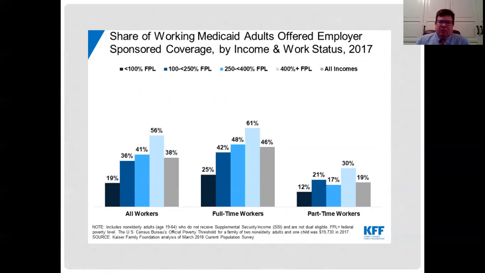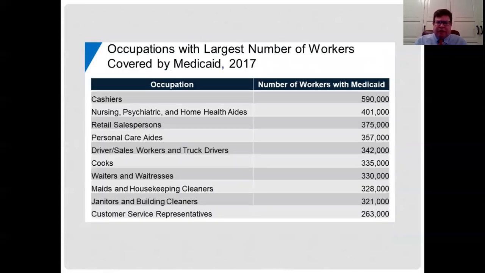Whereas when you take a look at people making, let's say, about $50,000 a year, about 56% of them are eligible. So you're much more likely to have working poor people be on Medicaid than you would if you were making a larger salary.